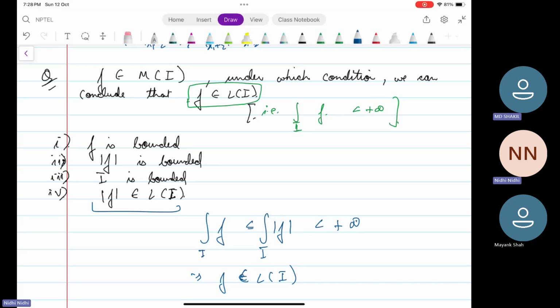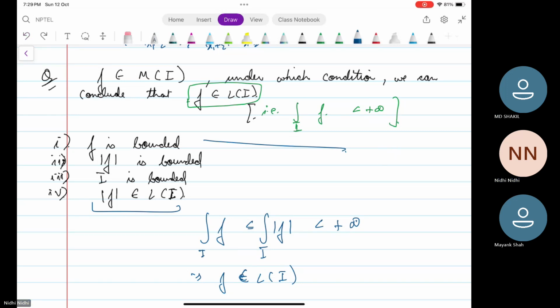Then what about the other options? Can we say that the first one will always be correct? It's bounded then. If f(x) is a constant function over an unbounded interval, in that case there will be a problem.